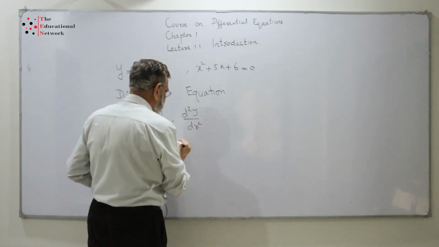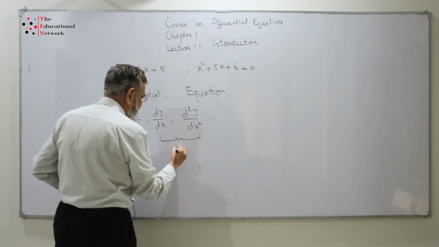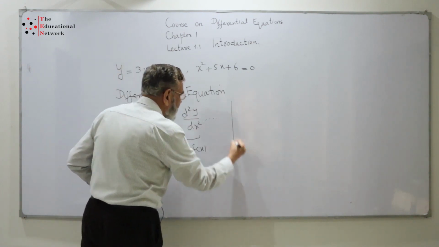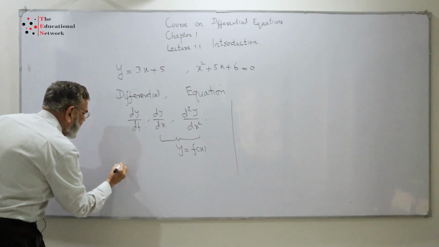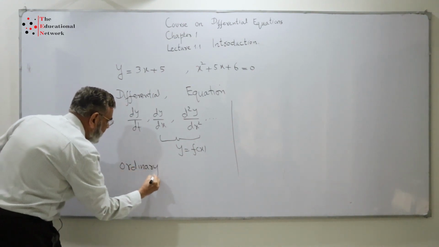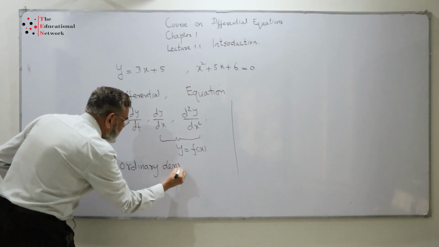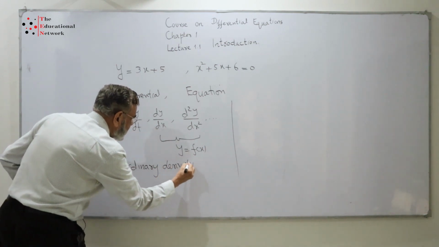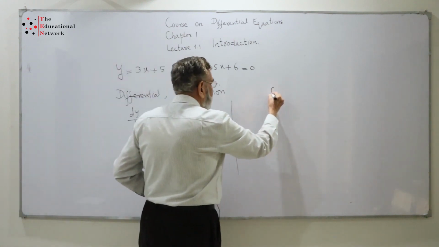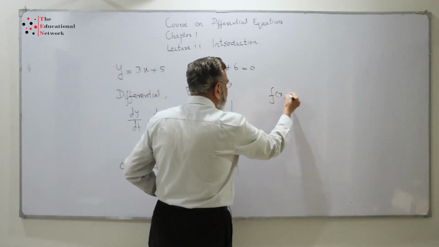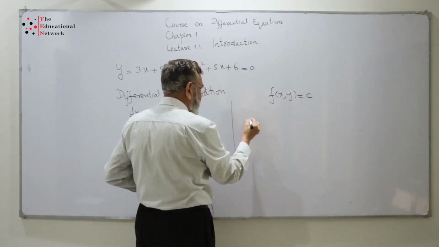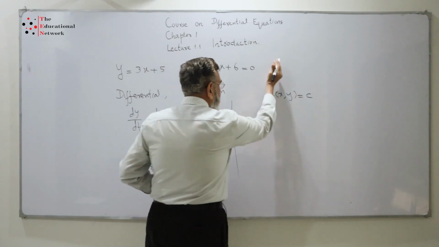In these cases, y is a function of one variable, y is a function of x, and these derivatives we call ordinary derivatives. In case we have a function of two variables, for example the function f(x, y) equal to c, the derivative we get is not the same.